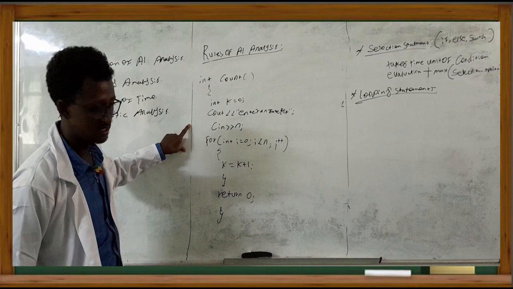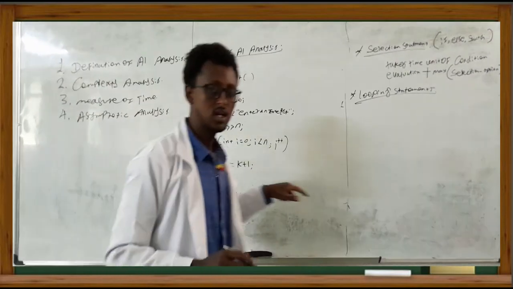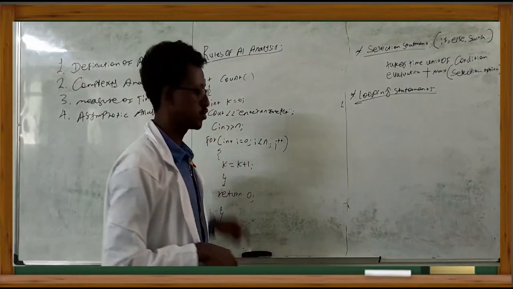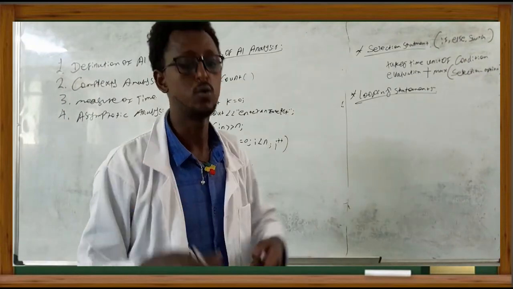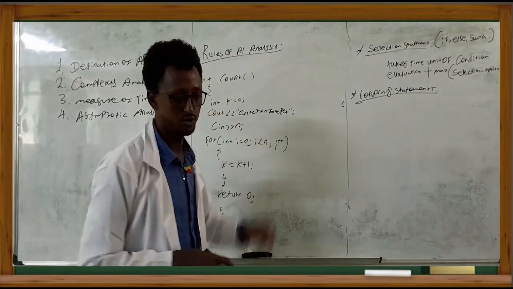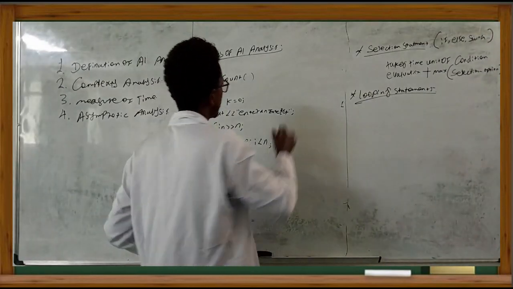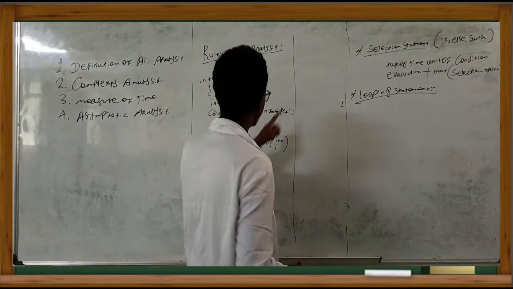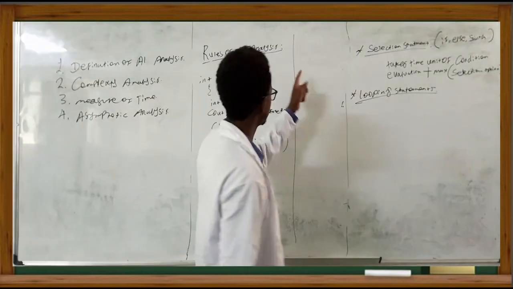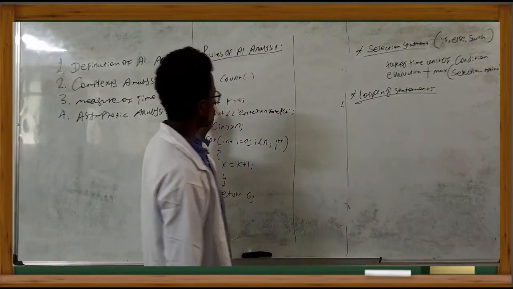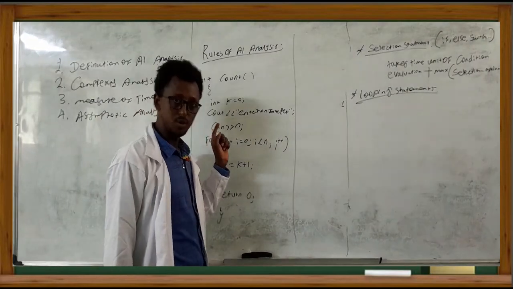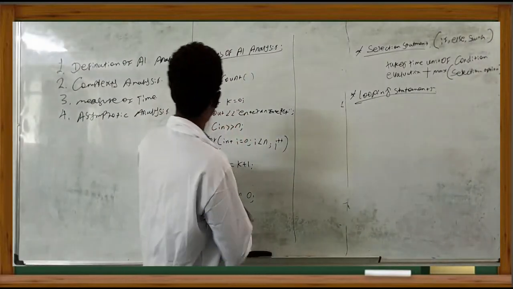This is a sample fragment of code to show you how to compute the computational time of your algorithm. Based on the rules that we discussed in the previous slides, we measure and compute the time complexity of the algorithm.